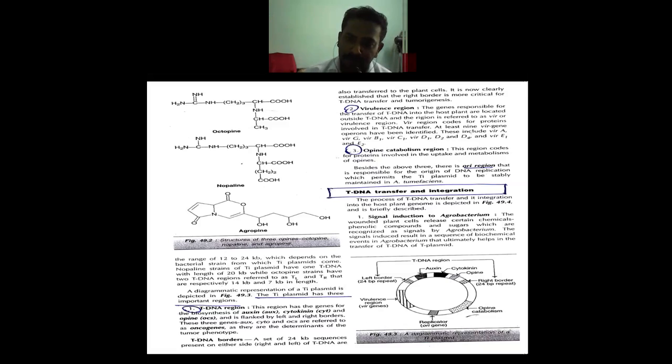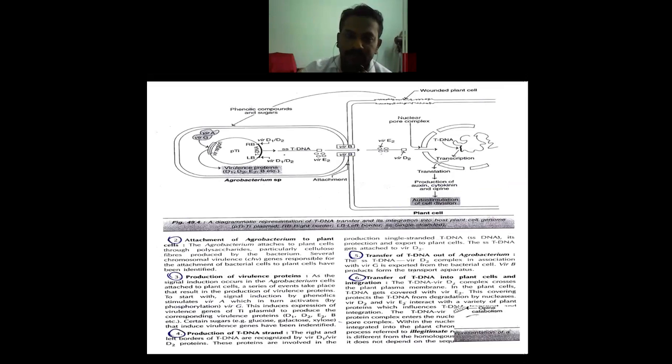The signal induction results in a sequence of biochemical events in Agrobacterium that ultimately helps in the transfer of the tDNA of the Ti plasmid. And then, after the attraction takes place, comes the second step, the attachment of Agrobacterium to the plant cells.